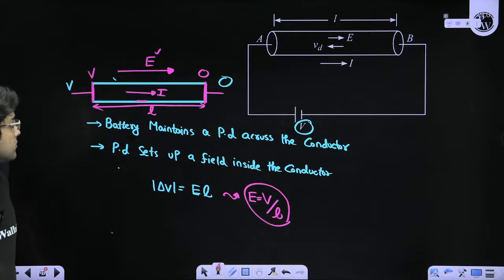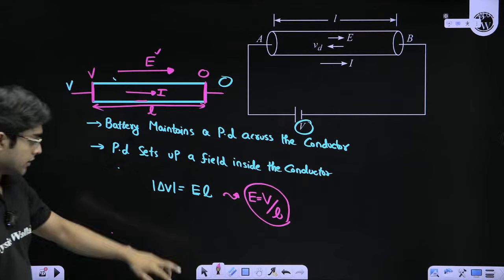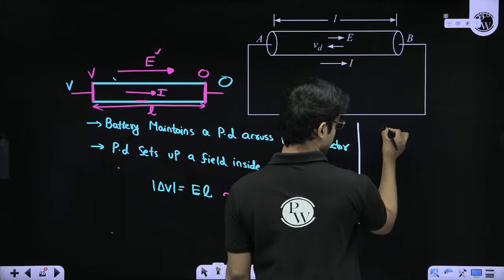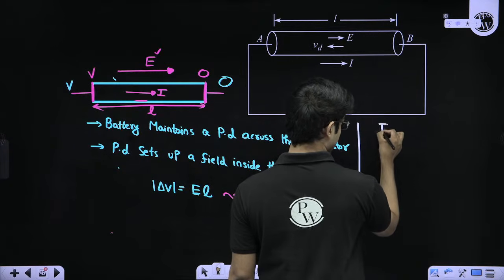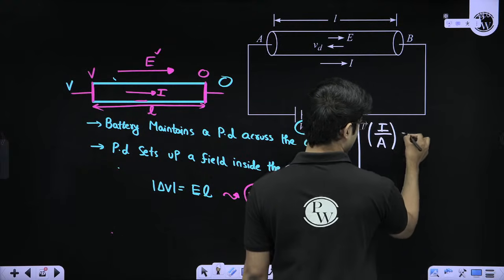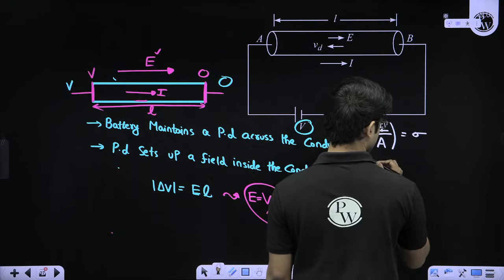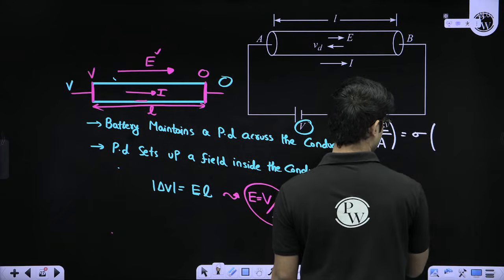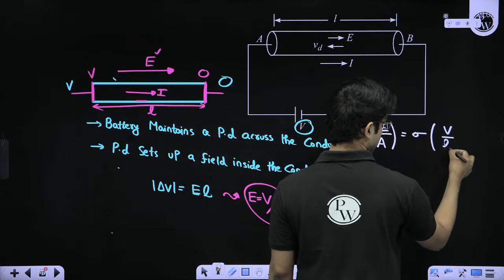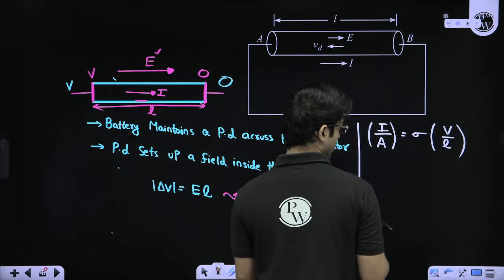And once I have the electric field, it's easy to find the current using the previous relations, right? We know J, which is current per unit area, equal to sigma into electric field, which is V by L. Now I want to express it as V equal to IR type.